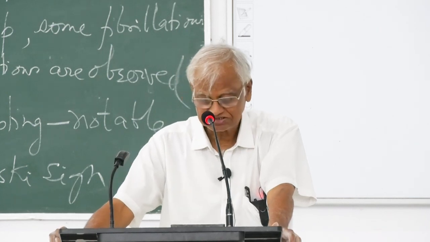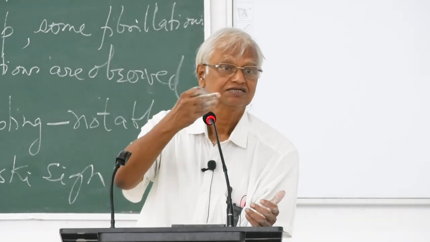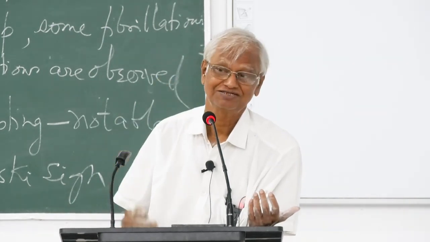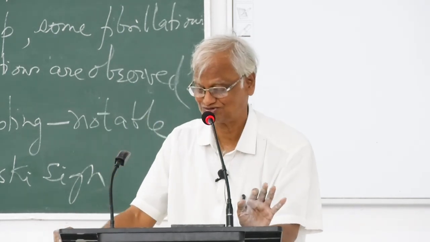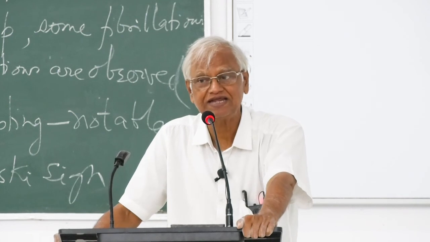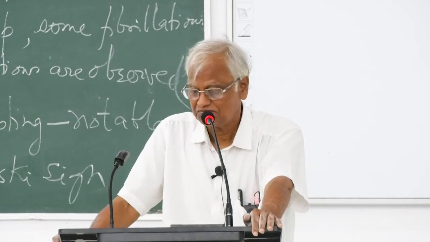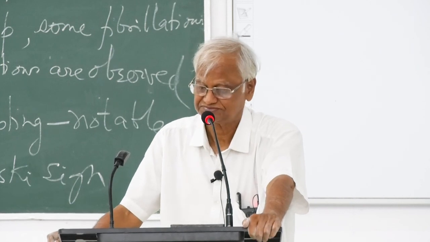What are the symptoms? Because the sensory ganglia are damaged, sensations are lost. So there is loss not only of pain and temperature, but also loss of touch, vibration and joint sensation.